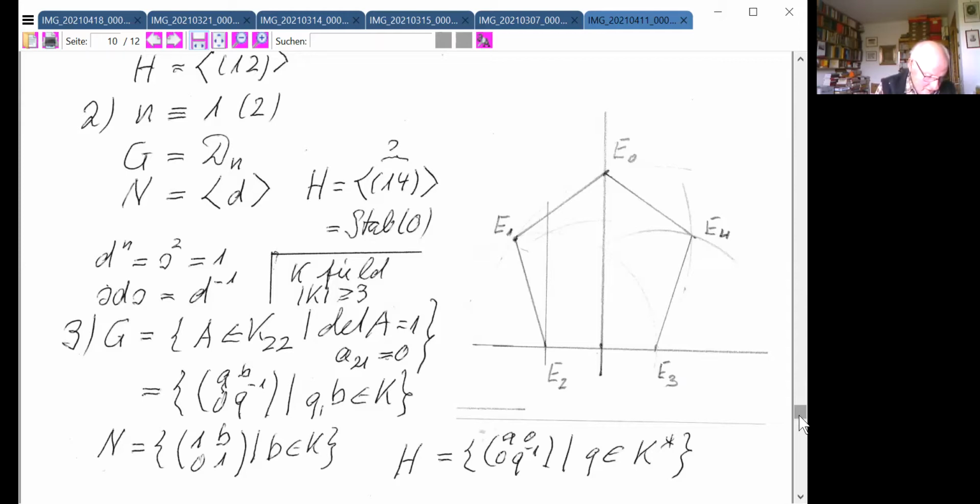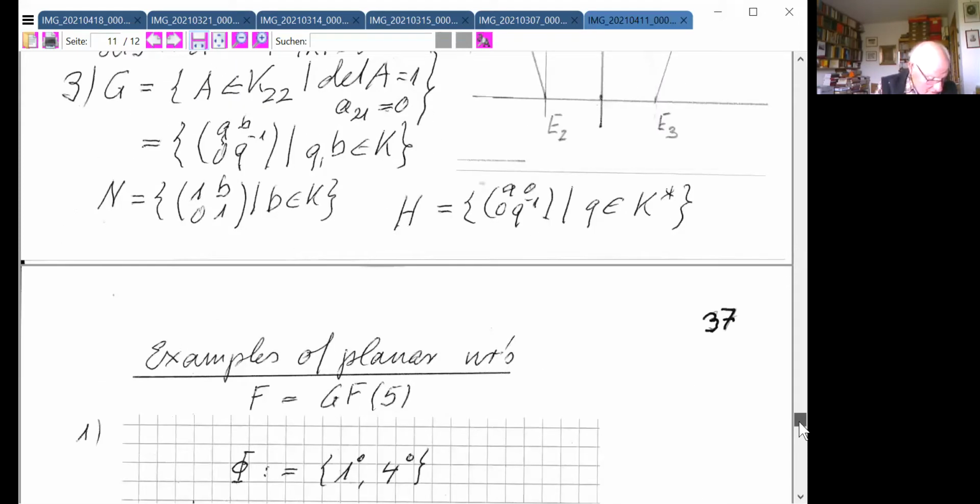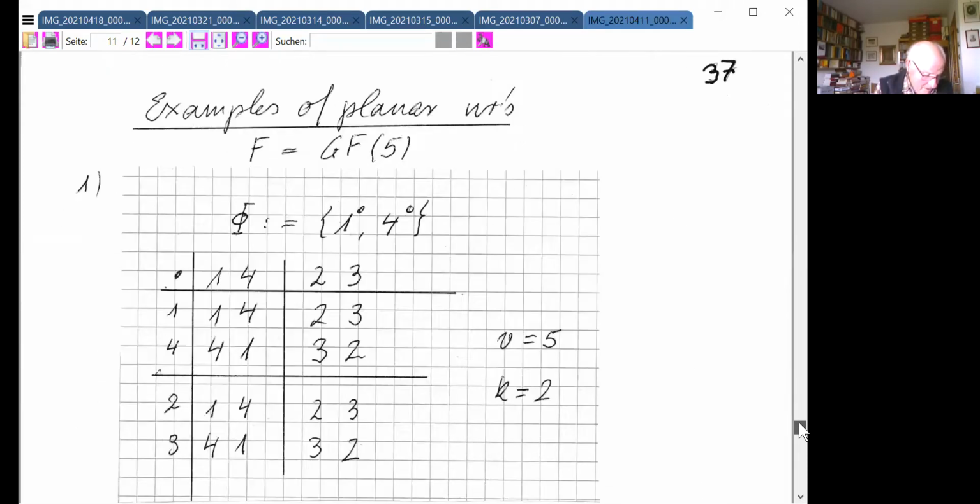Now, a few examples. The first is a kind of negative example. It shows that one shouldn't deal with too small structures.